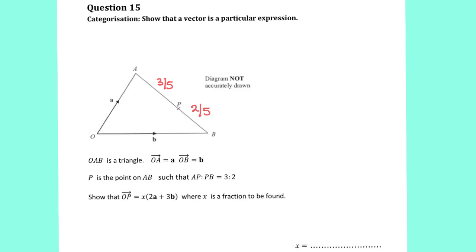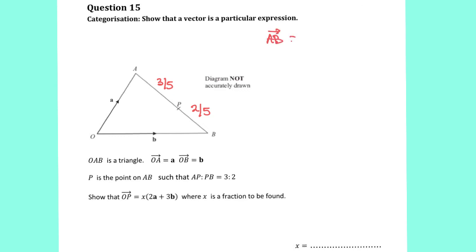We are asked to show that vector OP equals x times 2a plus 3b, where x is a fraction to be found. First, we need to find vector AB.